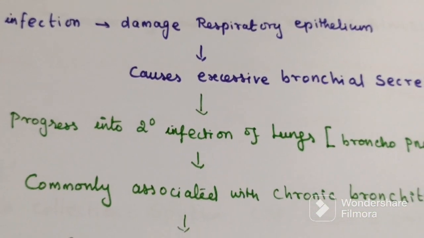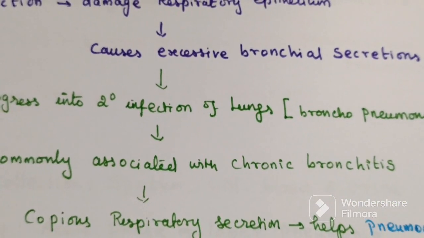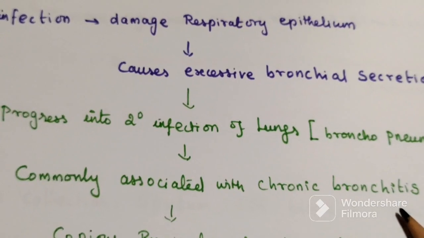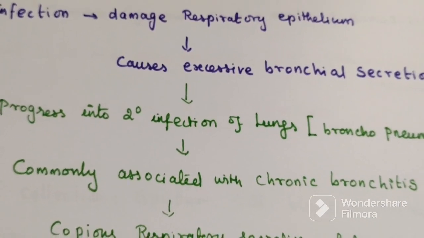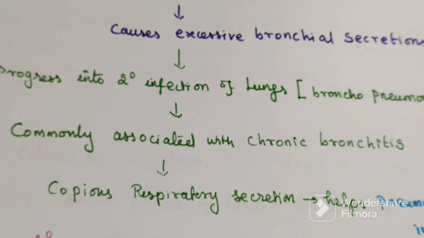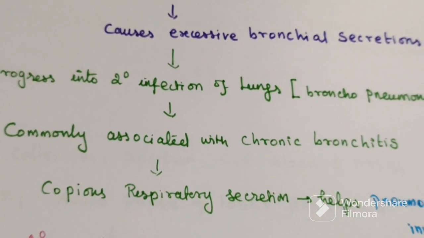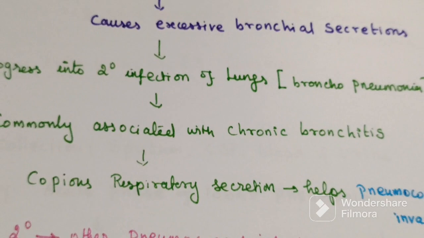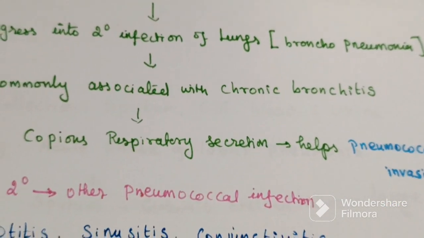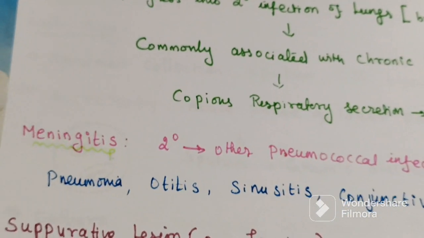It is commonly associated with chronic bronchitis, because in chronic bronchitis the copious respiratory secretion helps pneumococcal invasion. Then second one is meningitis.